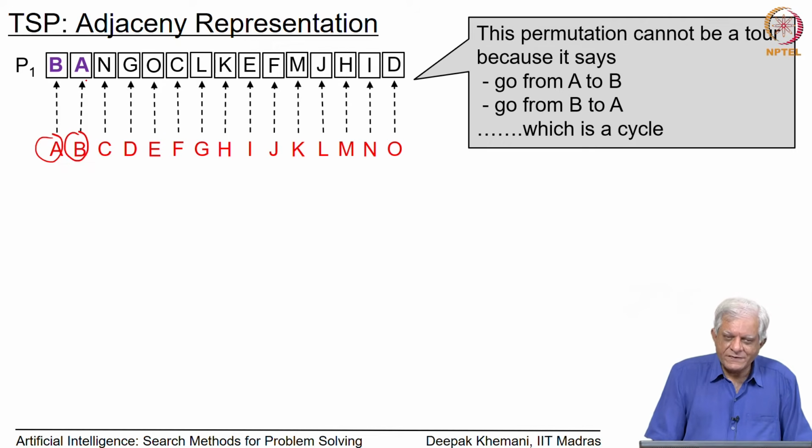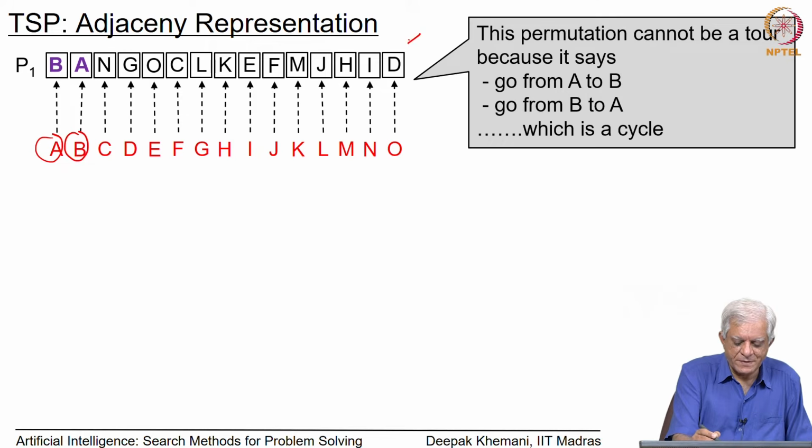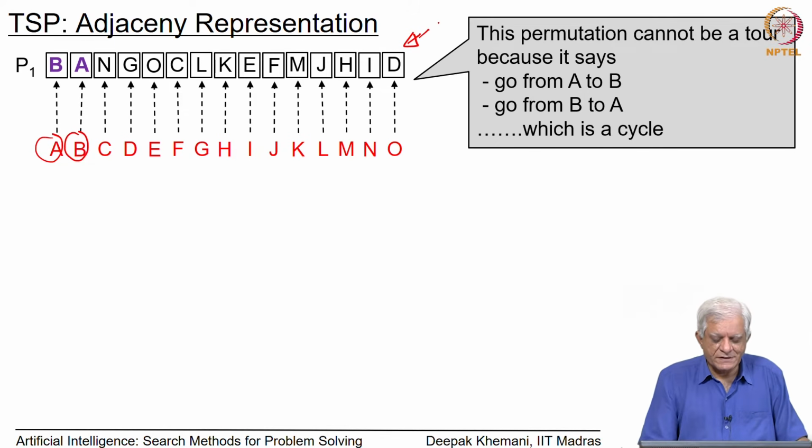Obviously, you can't have sub-cycles in a tour, because there is only one cycle and it should contain all the cities. So, one has to be a bit careful that not all permutations of cities are valid tours. This is a permutation, for example, but this is not a valid tour.